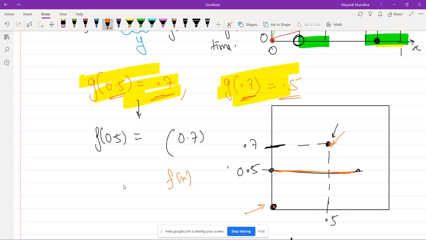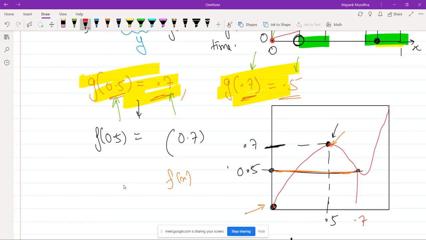So if it is taking the 0.7 value at 0.5, it should take the 0.5 value at least at one point before that. It is completely possible that my original f function looks like this.